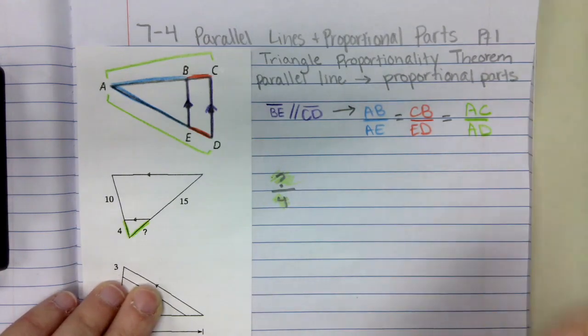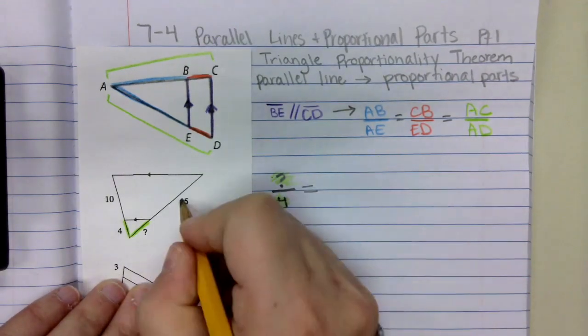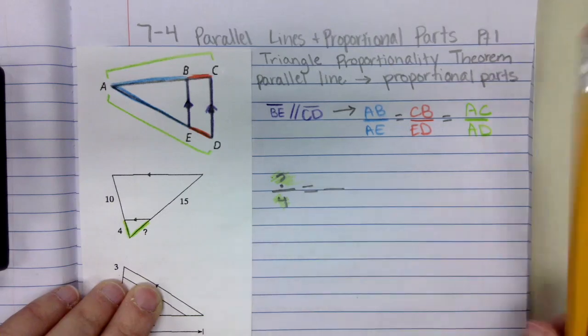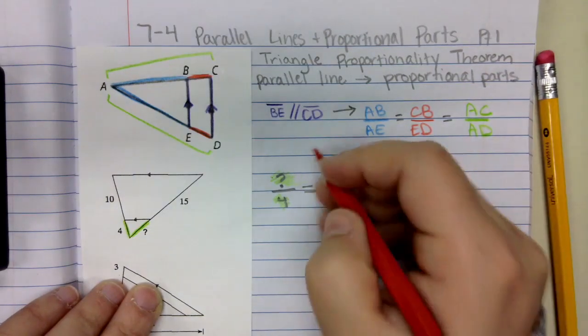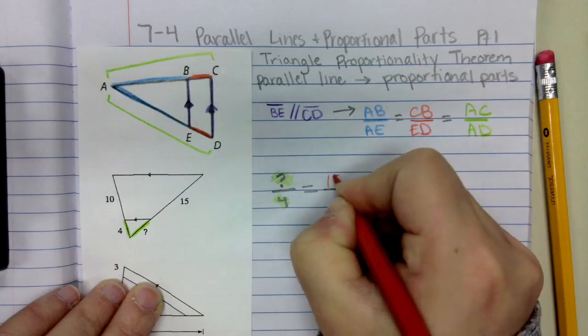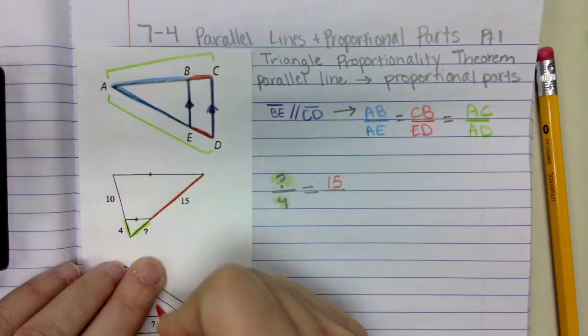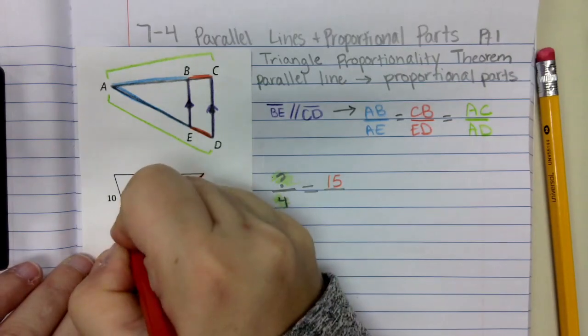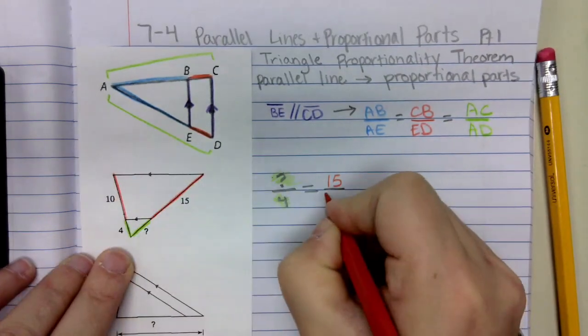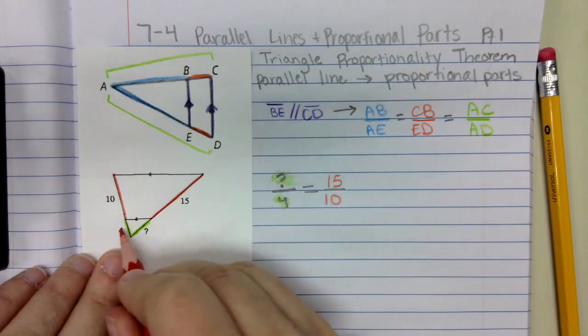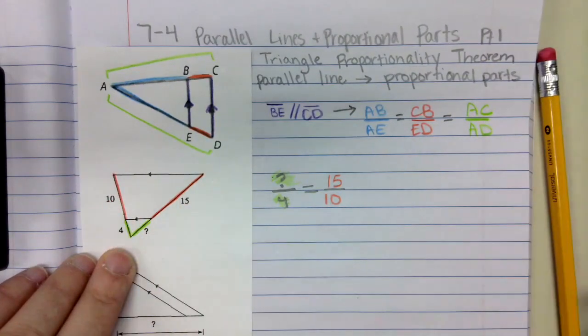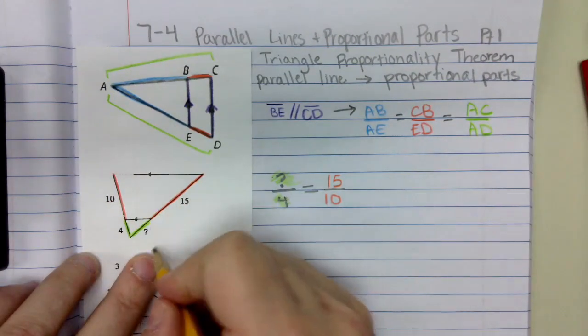And I'm going to compare that to, and we know the other two parts, so I can do part over a part. So we'll do 15. 15 is on the same side of that question mark. And then on the same side as the 4 is the 10. So I went question mark over 4 equals 15 over 10. So I'm going from this side to that side.